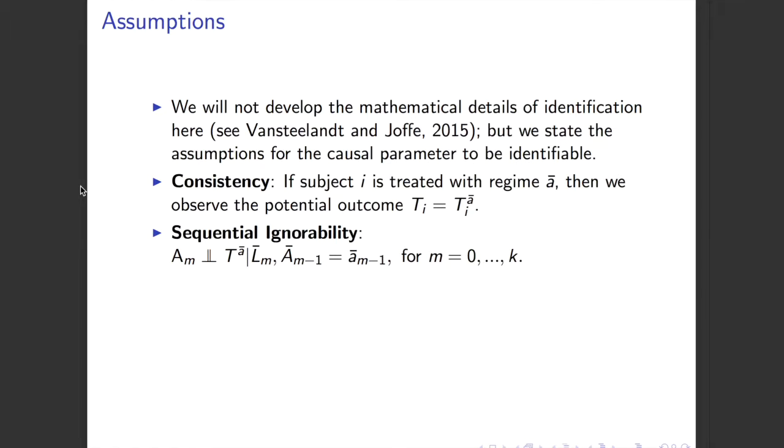We also need this thing called sequential ignorability. This is kind of a mouthful. We say that the mth treatment is independent of your potential outcome under some regime, given your current covariate value and the past treatment history.